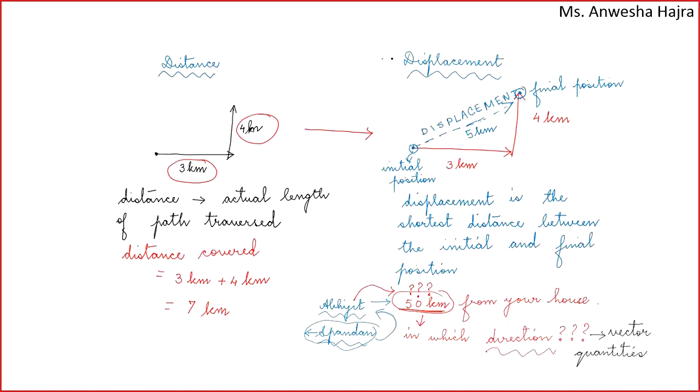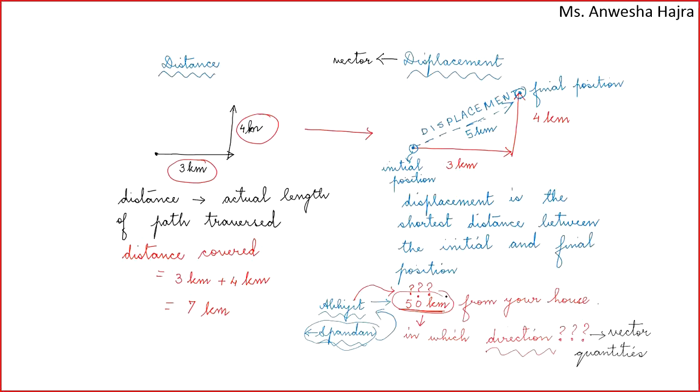Here, displacement is a vector quantity. Without direction, displacement is incomplete, just like Spandan's message to Abhijit. 50 kilometers from your house made no sense.